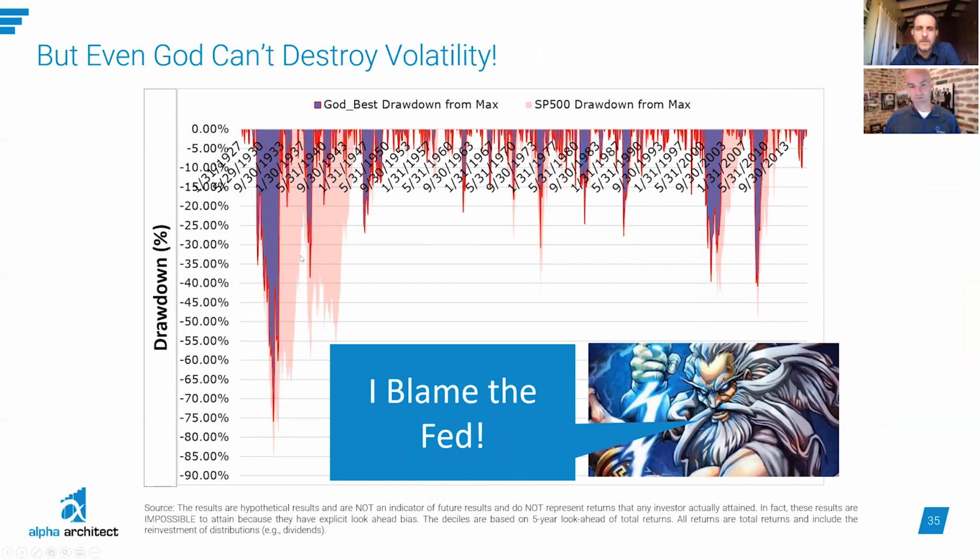So this is the drawdown profile of the perfect investor, God, and then the S&P. And what you notice is that even a portfolio that on purpose owns the 10% best performing stocks, in live implementation, has plenty of times to lose tons of money and look totally stupid and get God fired.